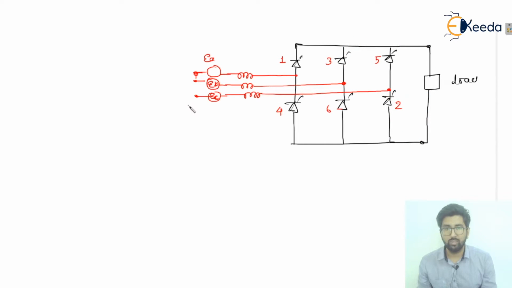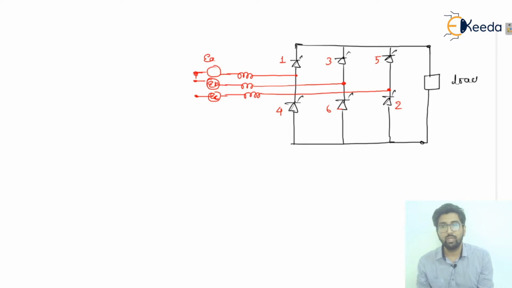But what happens due to the commutation failure? The transfer of the current from valve number 1 to valve number 3 is not happening in full value. So valve number 1 will start to conduct again, and the commutation becomes a failure.